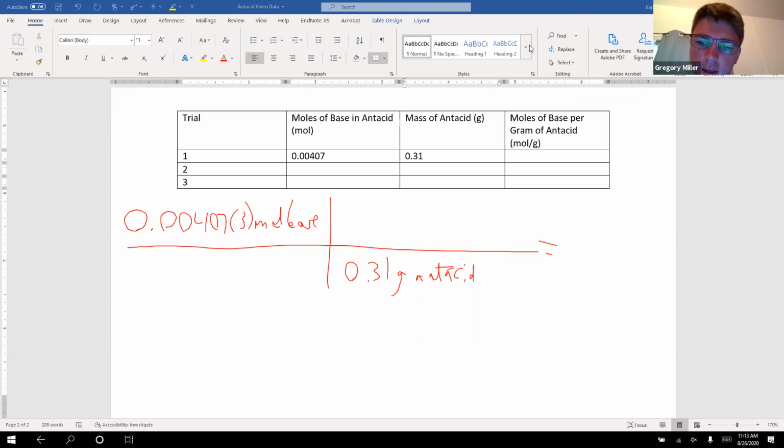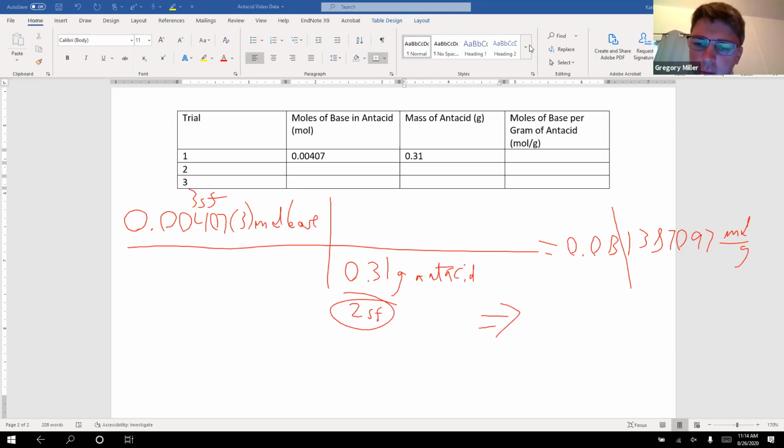And get 0.013138707 moles per gram. This has 3 significant figures. Again, this 3 doesn't count, and so I put it in parentheses. This has 2 significant figures. So that's what we're going to round our answer to.